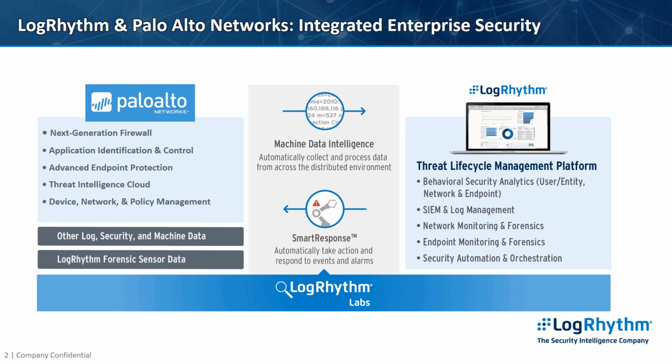They are then presented in dashboards on the Threat Lifecycle Management platform. They are also sent to LogRhythm's Advanced Intelligence Engine, where they are correlated with other logs to find anomalous behaviors. If an anomaly is found, you can automate the remediation of the threat by using Smart Response.